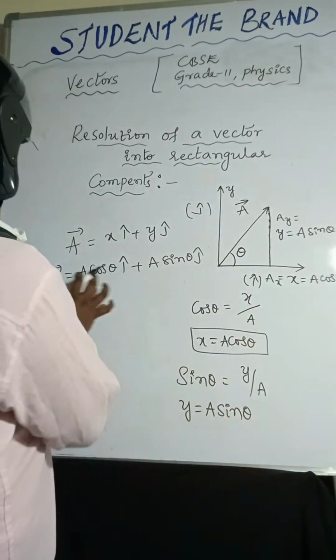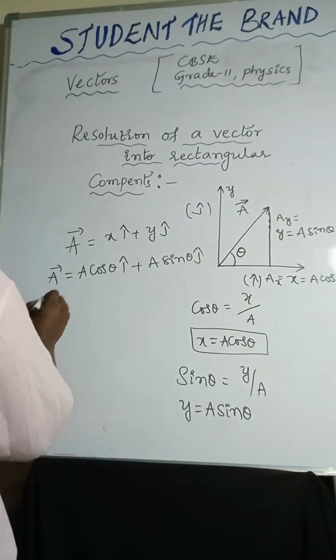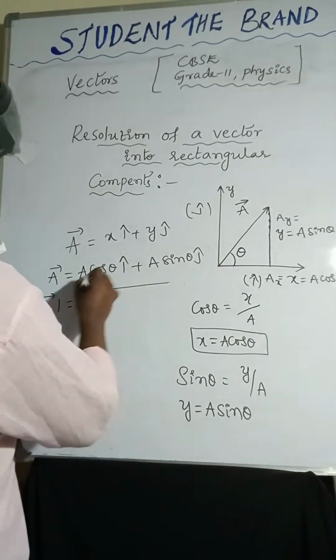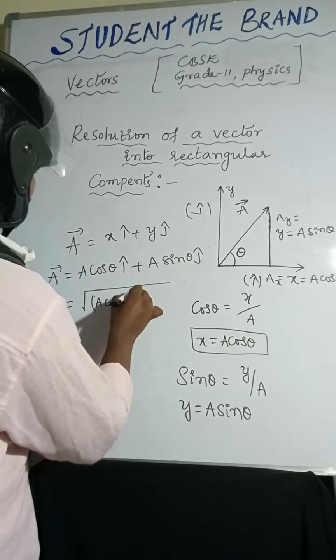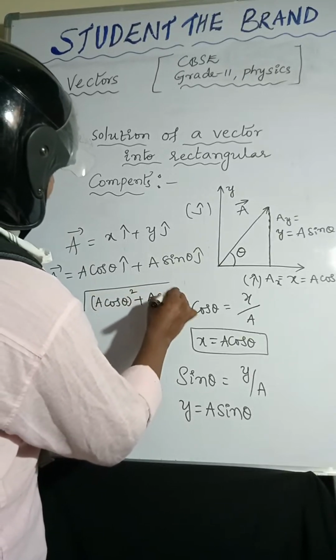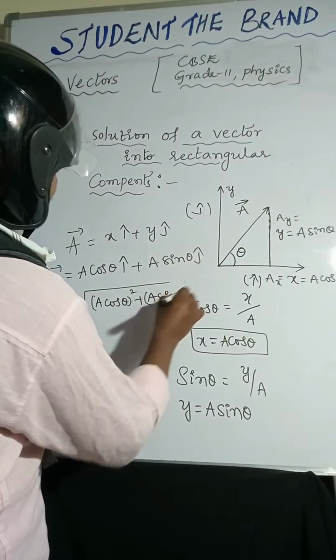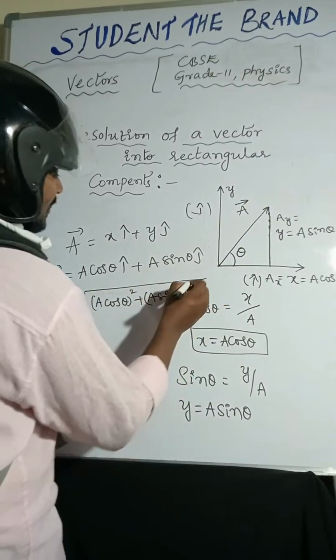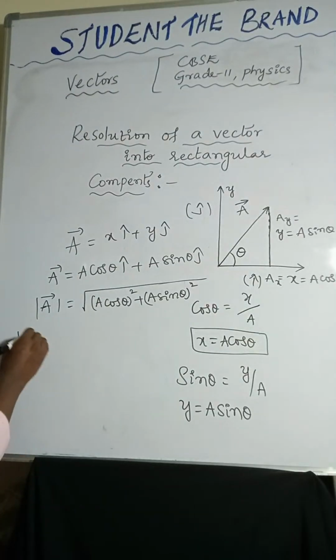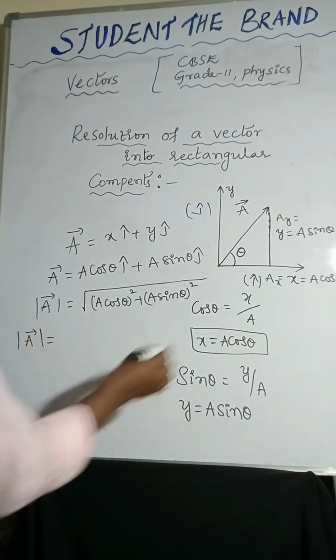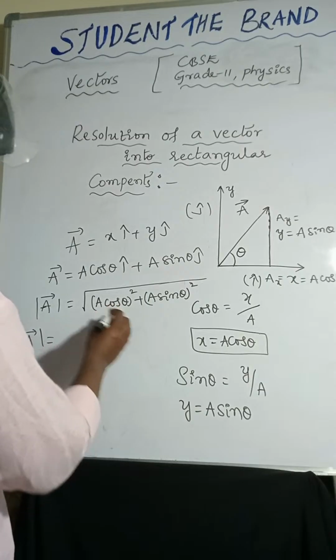Now if you are taking the magnitude of a bar, that is root over a cos theta whole square plus a sin theta whole square.